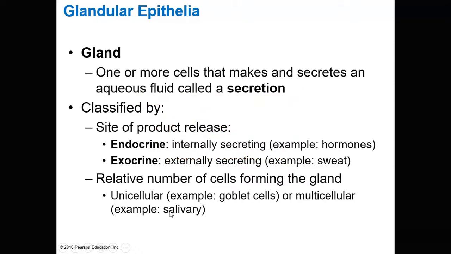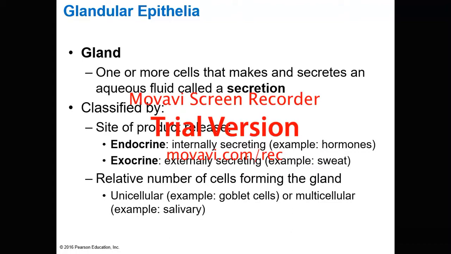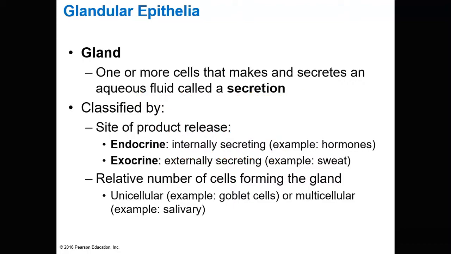All right, so remember glands: a gland is one or more cells that makes and secretes an aqueous fluid called a secretion. They're classified by how they are released, so the site of product release. Think of endocrine as internally secreting.